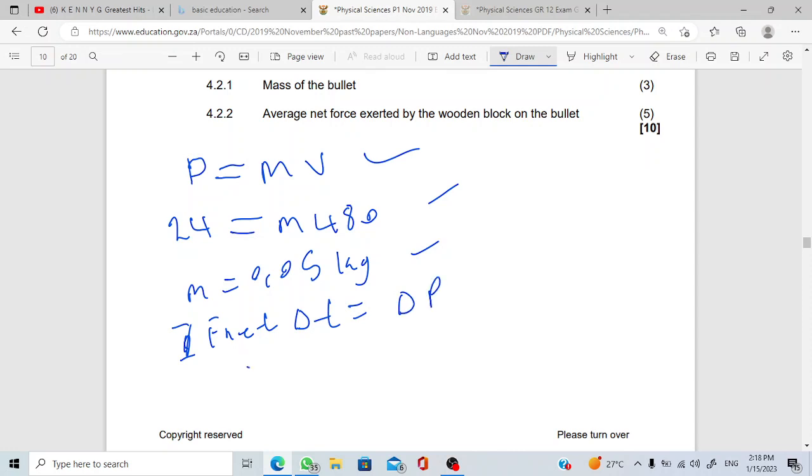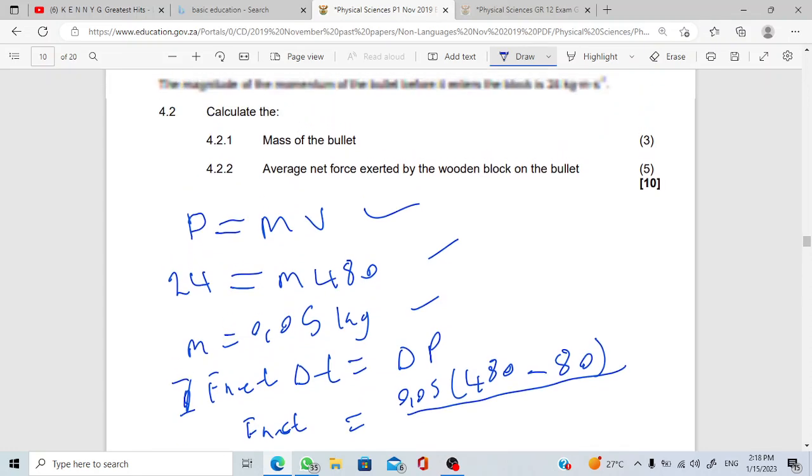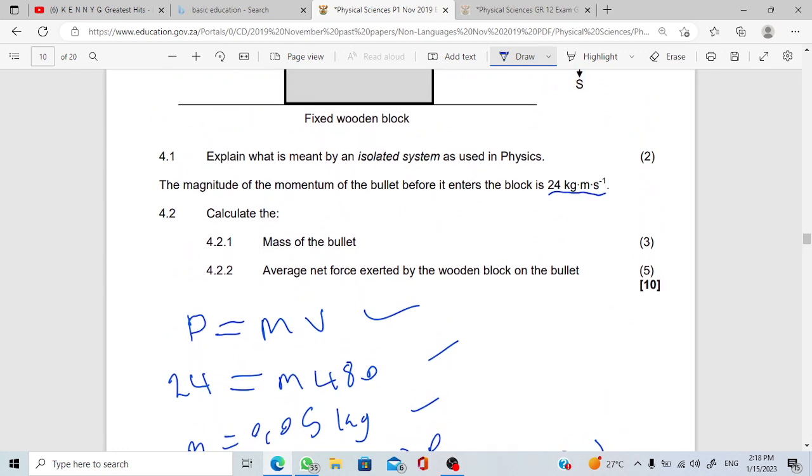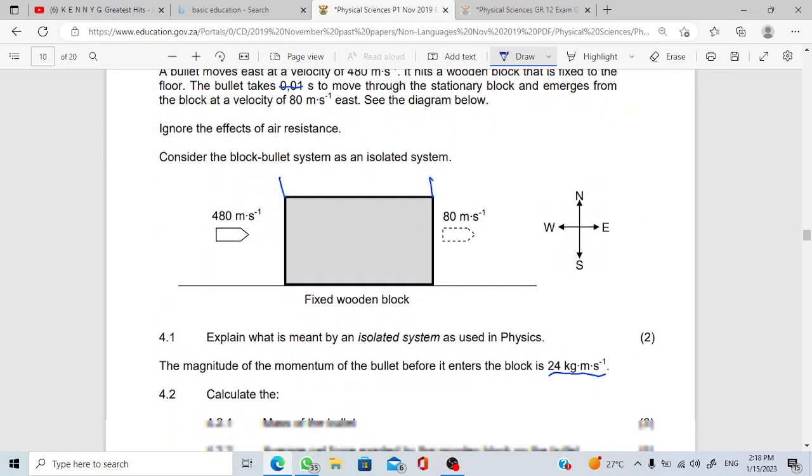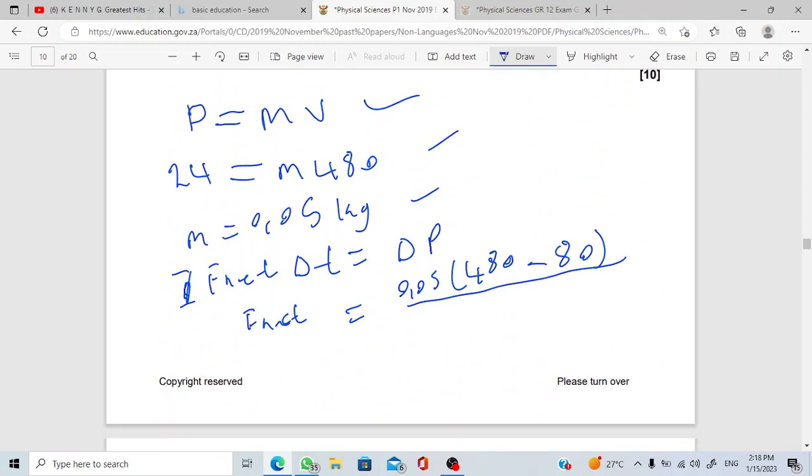Okay, now F net is equal to change in momentum. The mass of the bullet is 0.05 into the velocity before was 480, the velocity after it's 80, divided by the time taken for the bullet to be inside the block, 0.01 seconds. So that is the force.